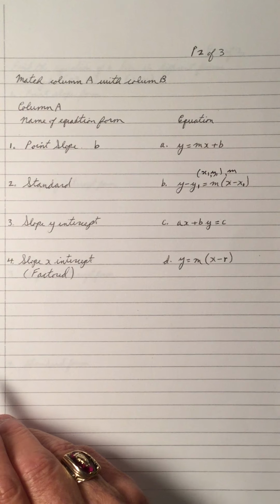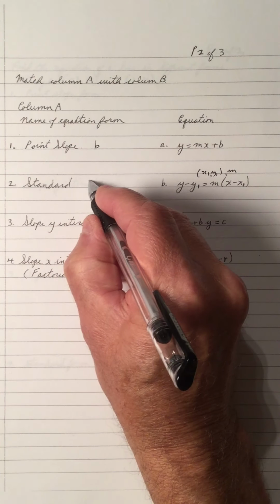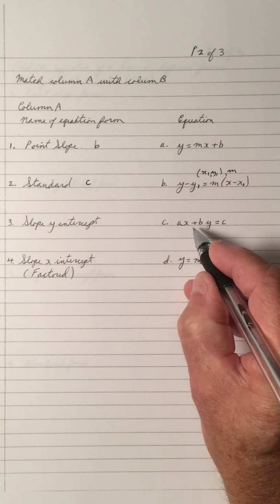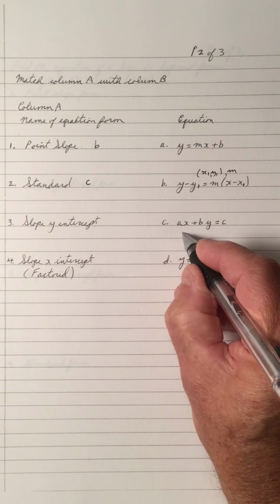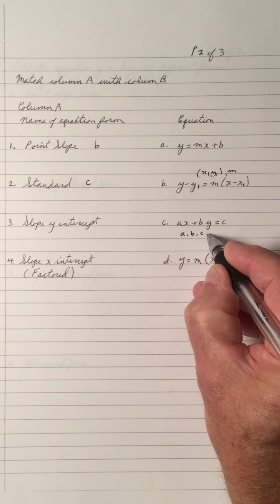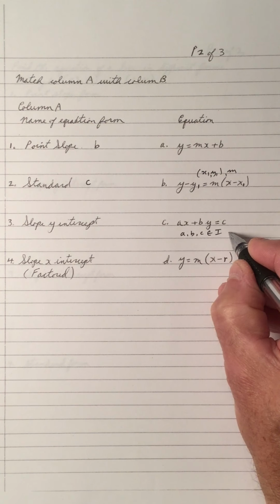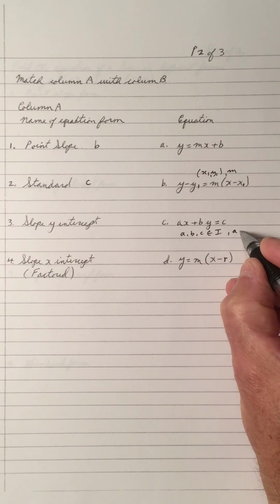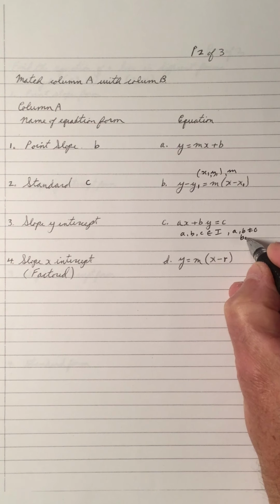Standard form. Standard form is AX plus BY equals C. So standard form is C. AX plus BY equals C, where A, B, and C belong to the integers, and A and B can't both be zero.